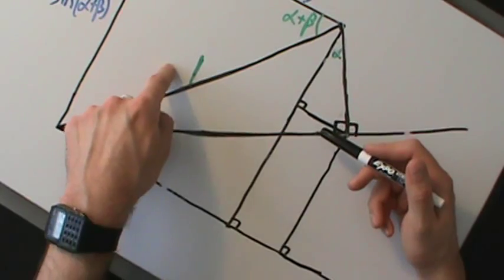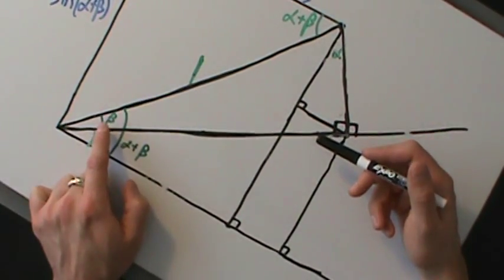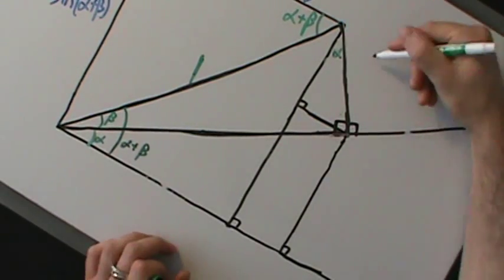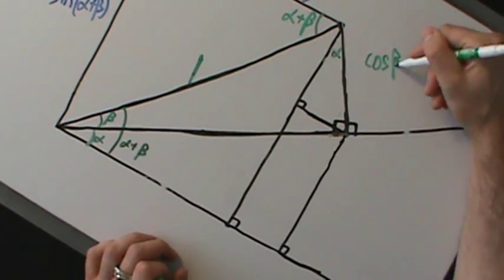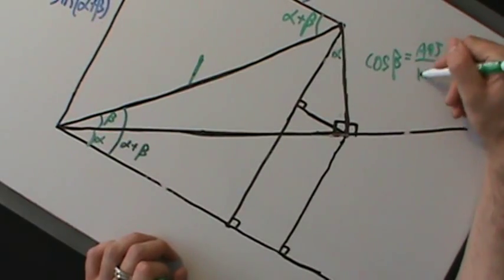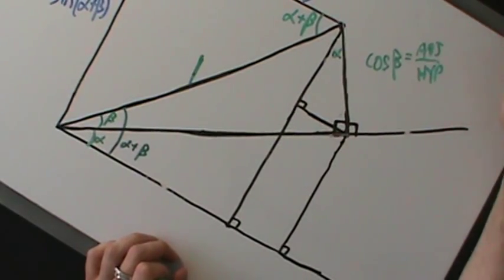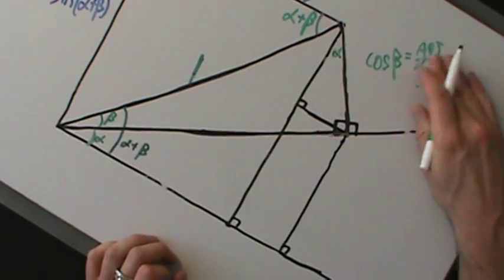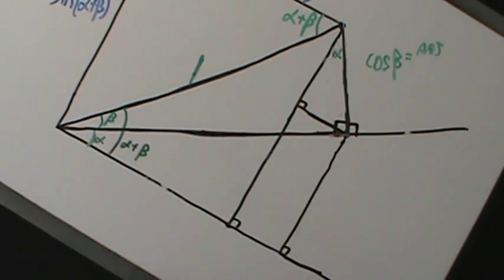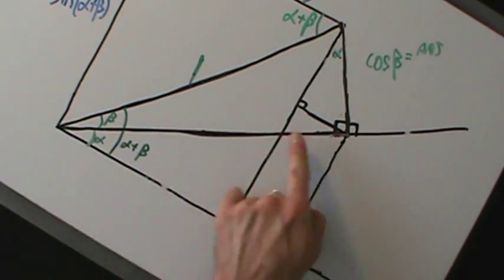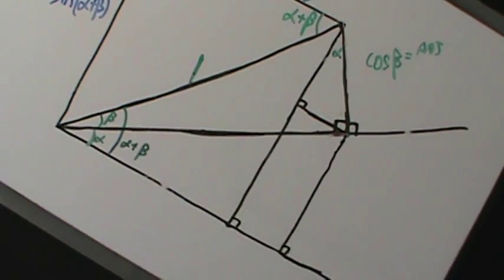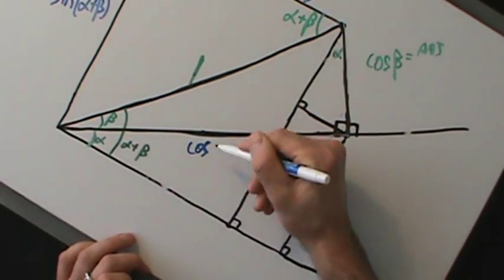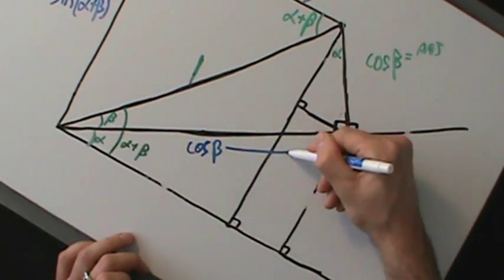Cosine of beta is adjacent divided by hypotenuse, but again, the hypotenuse is 1, so you're not really doing anything. So cosine of beta is the adjacent side. Here's beta. The adjacent side is this side right here. So this whole thing is cosine of beta.